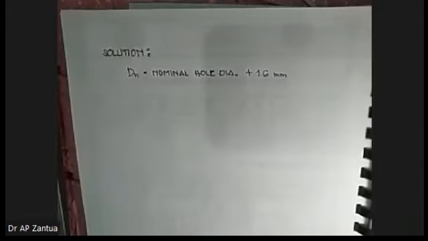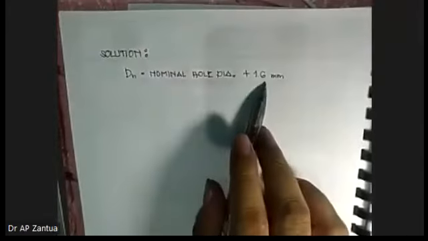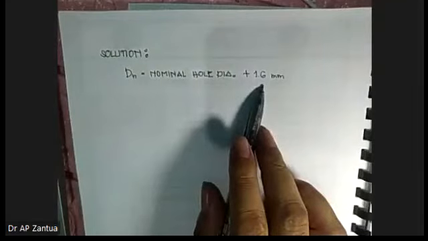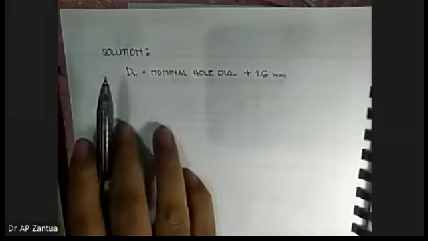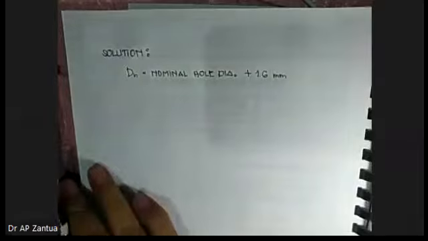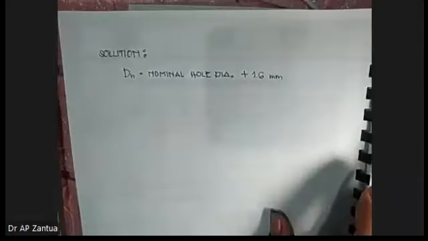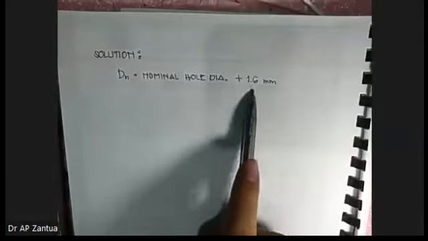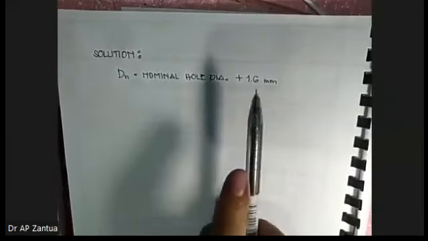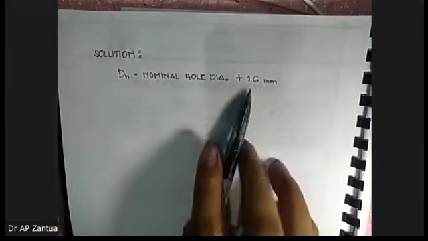So 1.6 is added. That is for a 20 mm bolt. So sometimes we need to memorize those constants. For a 20 mm bolt, you have to add 1.6 mm. The previous example was also a 20 mm bolt, and we added 1.6.